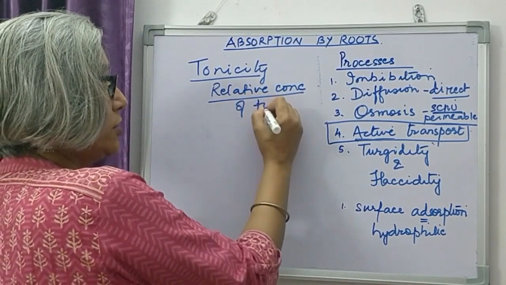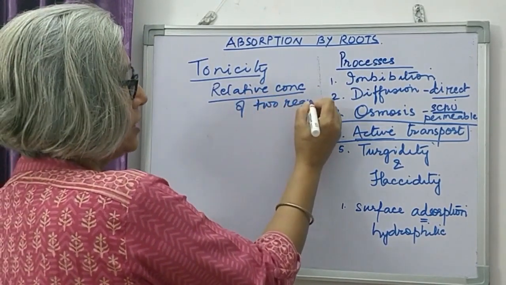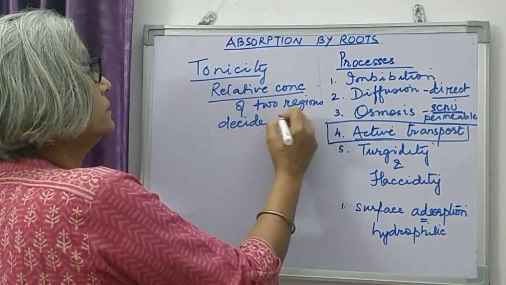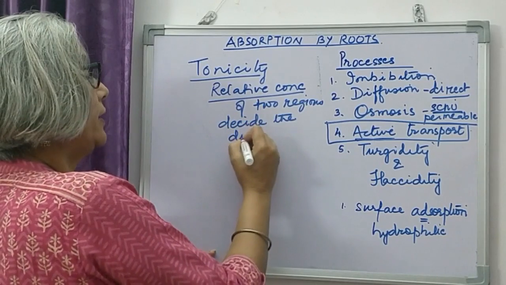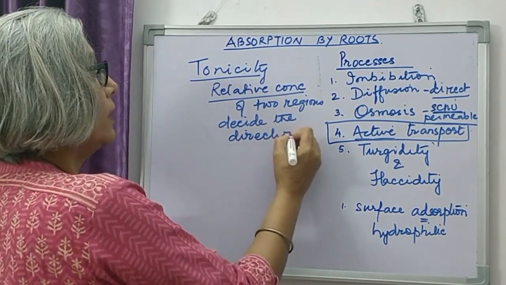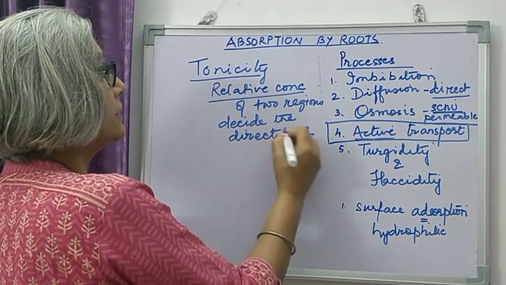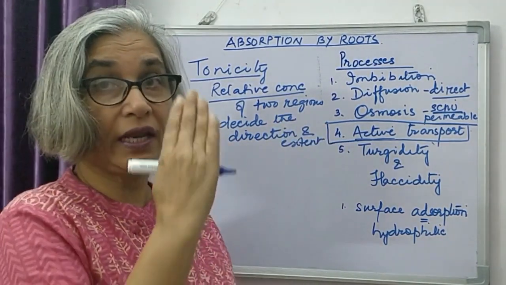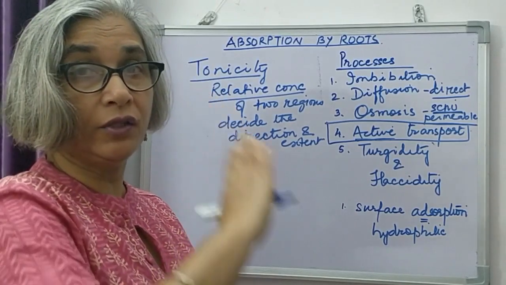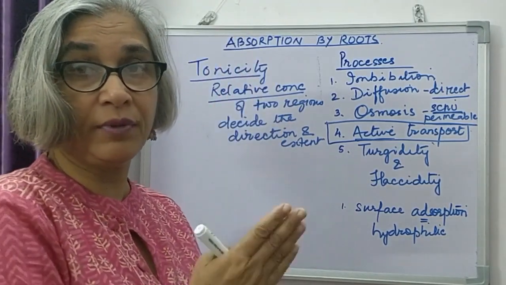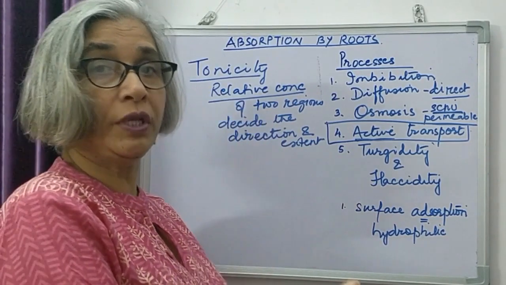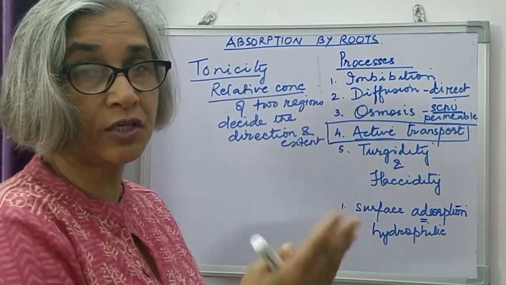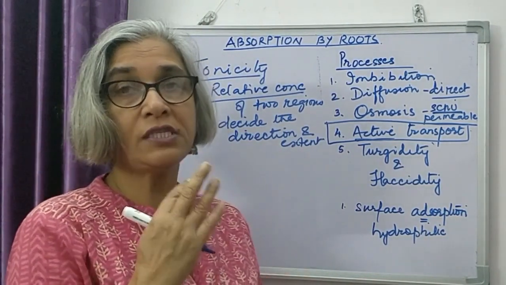So relative concentration of two regions which will decide the direction and the extent of diffusion. By this I mean there has to be a separating membrane and the two regions, so semi-permeable membrane comes into picture. The two regions, one is going to be of a higher concentration, one is going to be of a lower concentration, or both the regions can be of the same concentration.